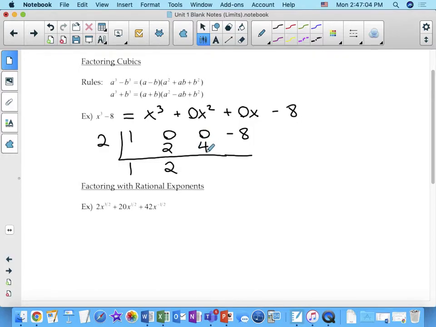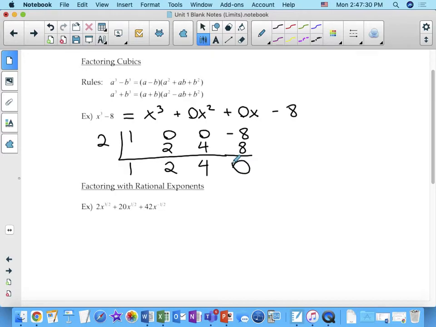And 0 plus 4 is 4. And 4 times 2 is 8. -8 plus 8 is 0. So if you get a 0 here, what does that mean? That this is a factor, that x minus 2 is a factor.